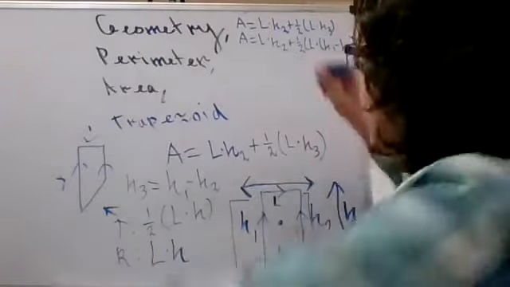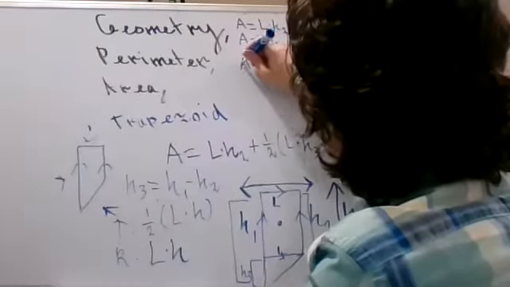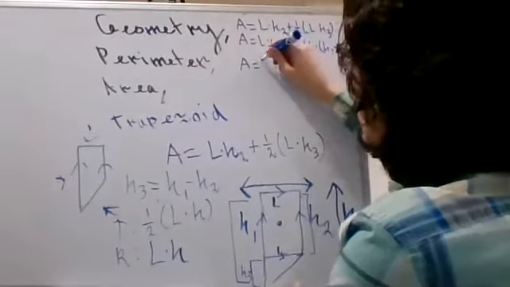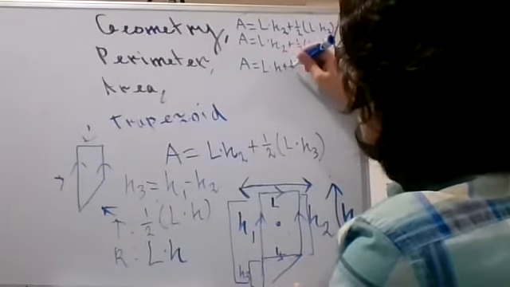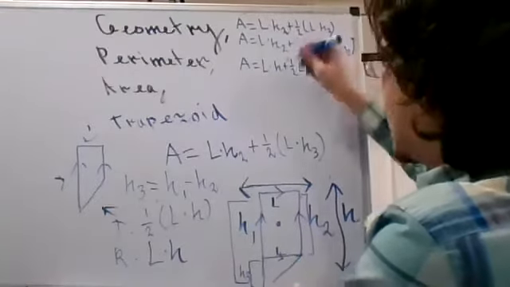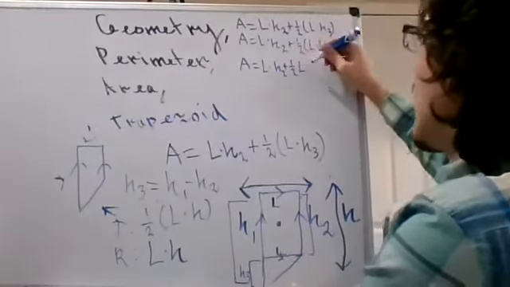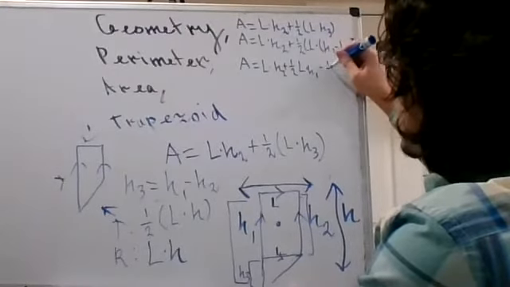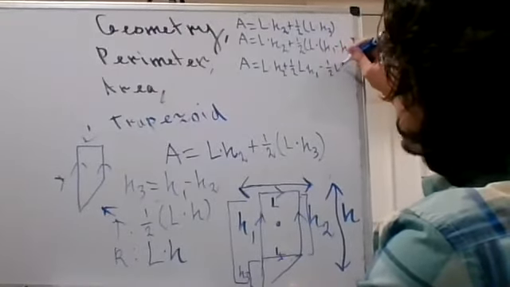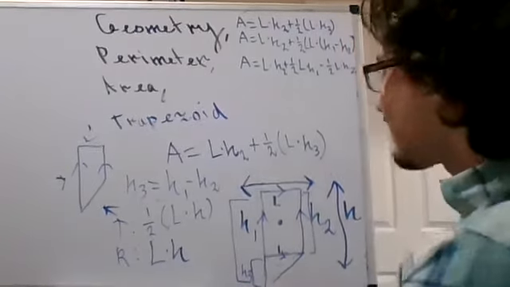So if we do the math out, we get length times height 2, plus 1/2 length times height 1 minus 1/2 length times height 2.